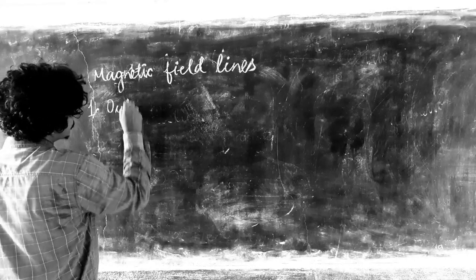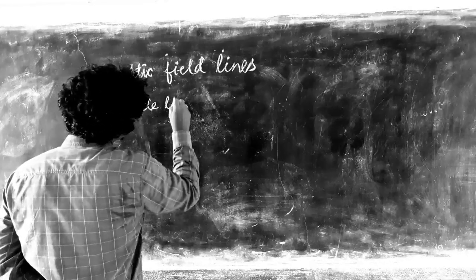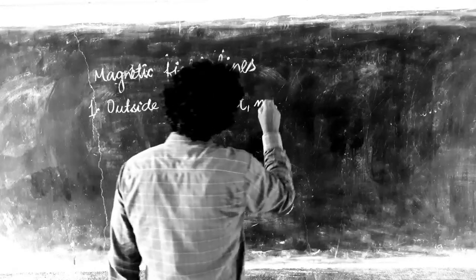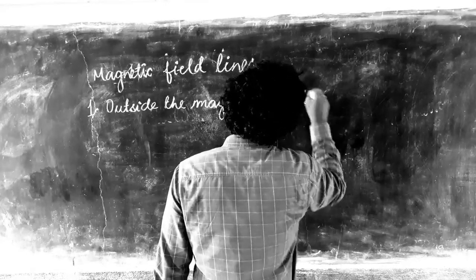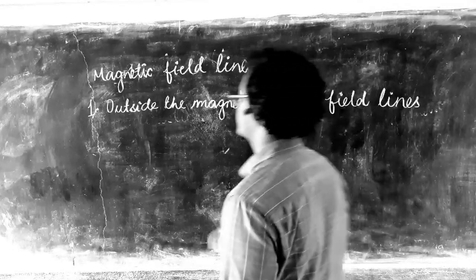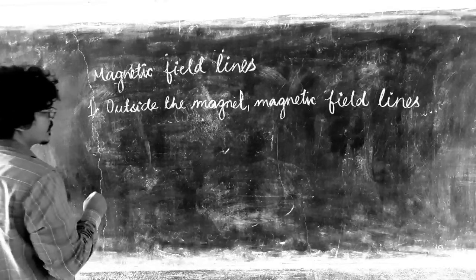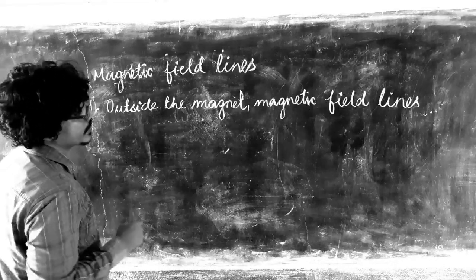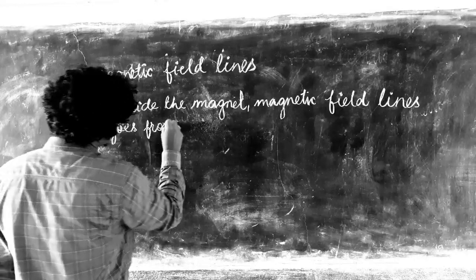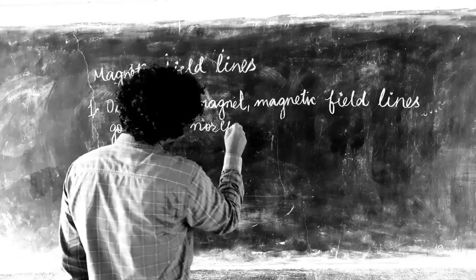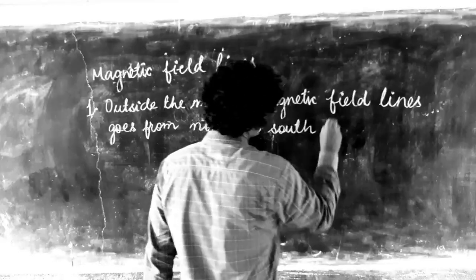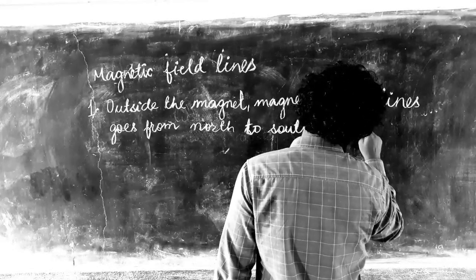Outside the magnet, magnetic field lines go from north to south pole of the magnet.